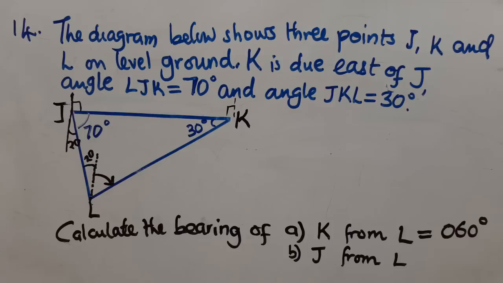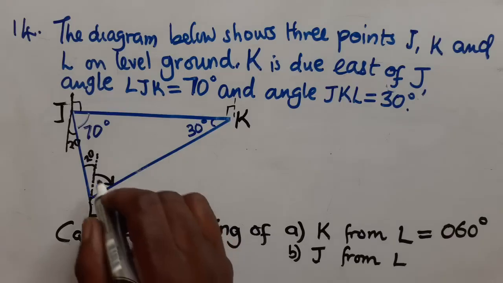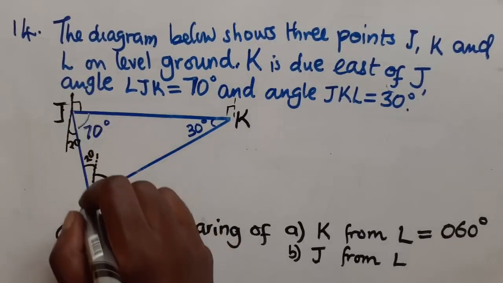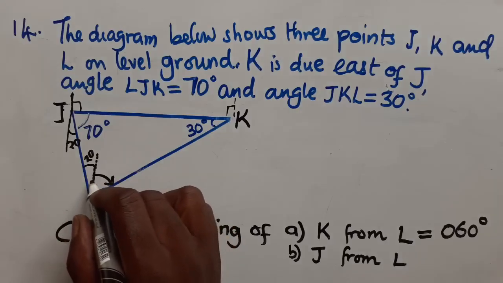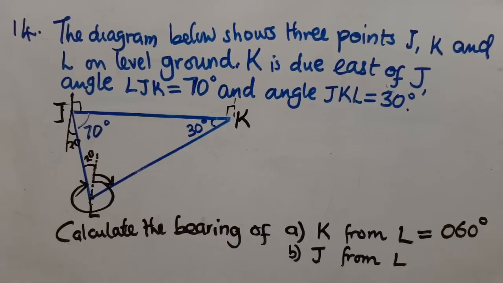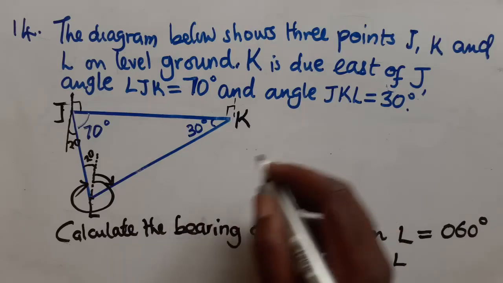Then the bearing of J from L. So where is J now? It's going to be this one. That's the bearing of J from L. So now what is it that you are seeing here?